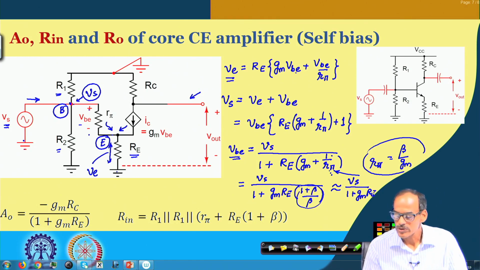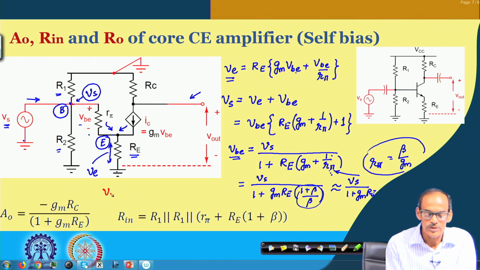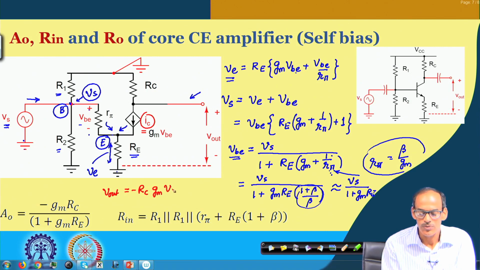Now, Vout, on the other hand, is RC multiplied by this IC with a minus sign, and IC equals gm into VBE. And then if I put the expression of VBE here, this is the VBE expression.